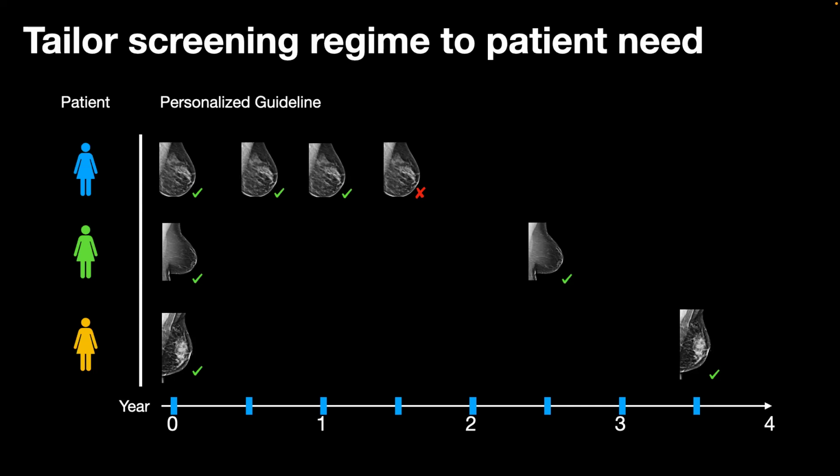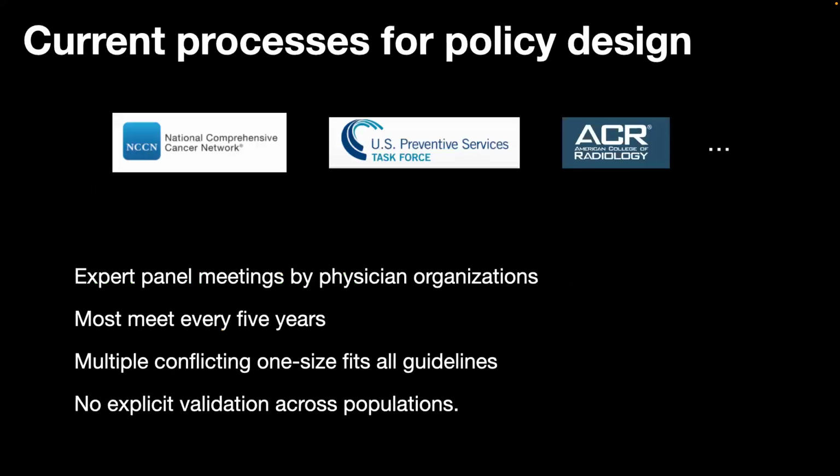That makes sense? Now, to set the stage, how do we actually make guidelines today, and will the current process ever get us there? We have many different physician organizations and expert committees like the NCCN, the USPSTF, which I will struggle to pronounce, the ACR, and many others. They meet once in a while, sometimes every 2 years, sometimes every 5.